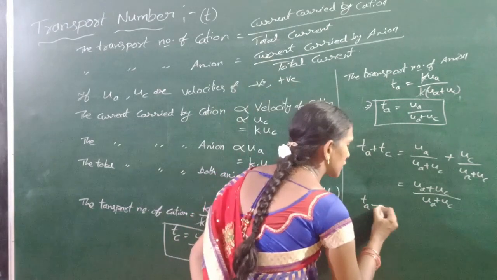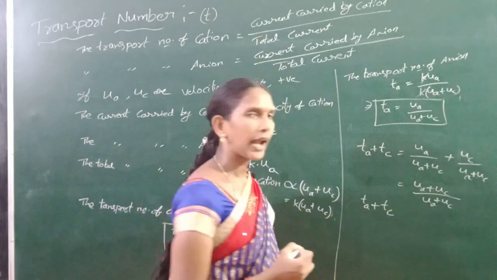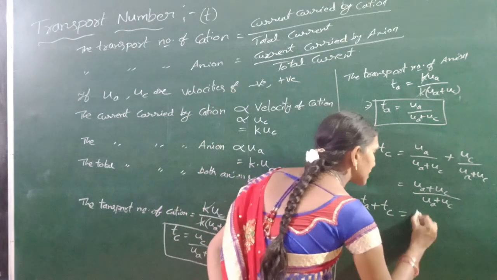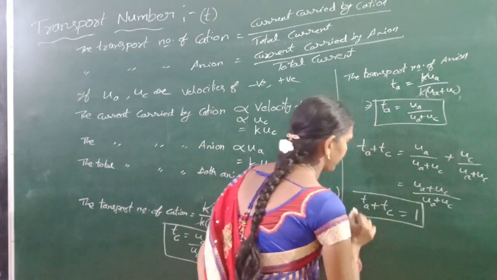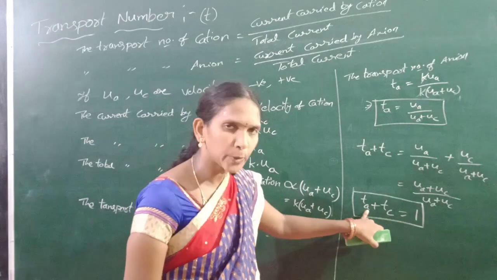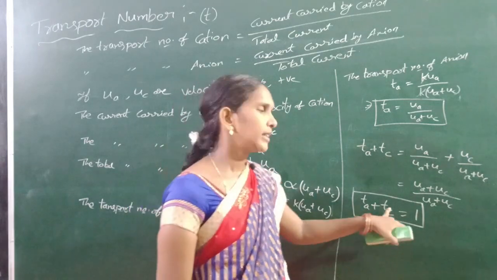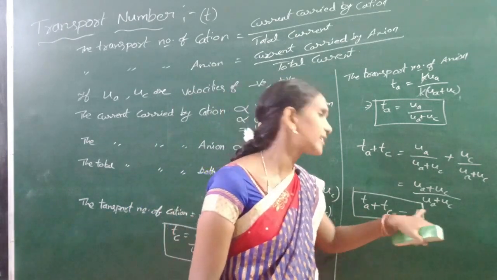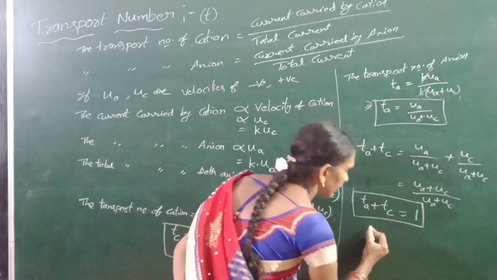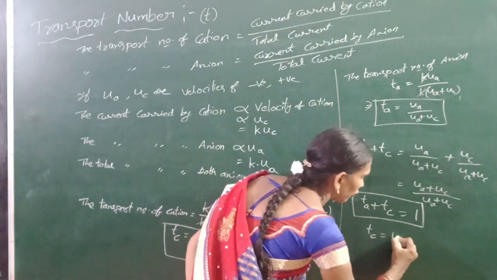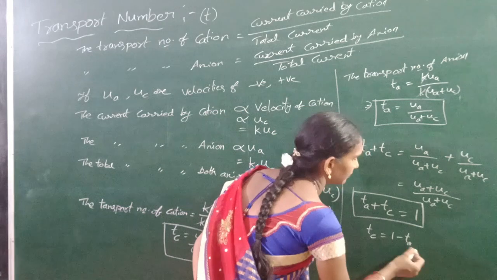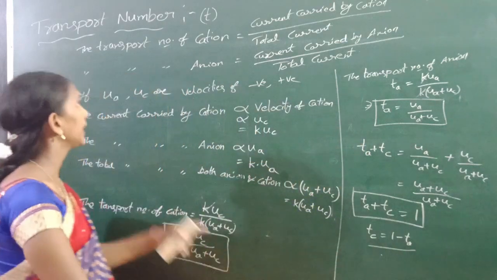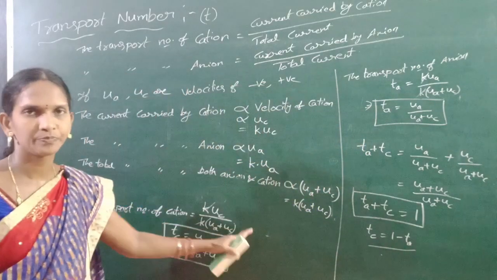The sum of transport number of cation and anion is always equal to 1. This is the condition. Then Tc is equal to 1 minus Ta. This is the transport number.